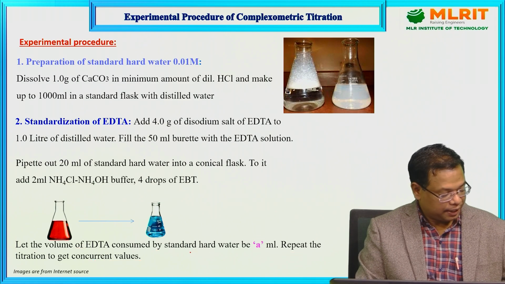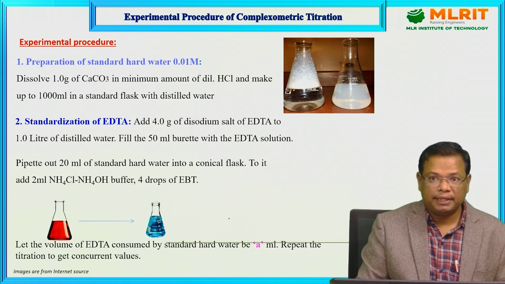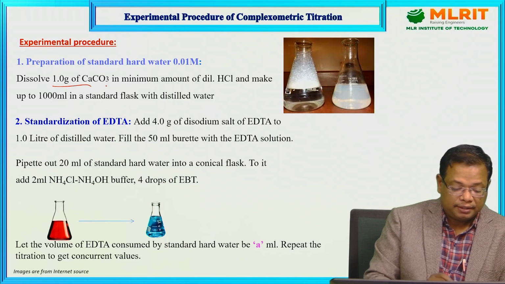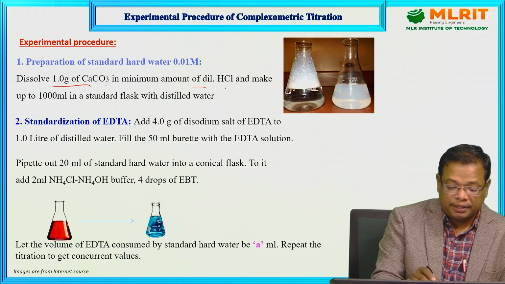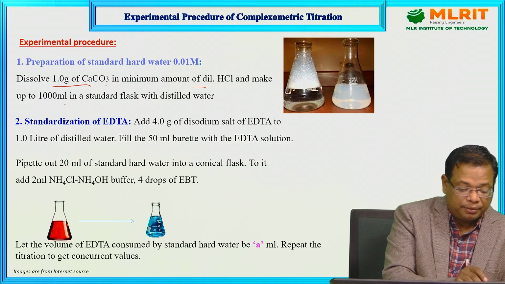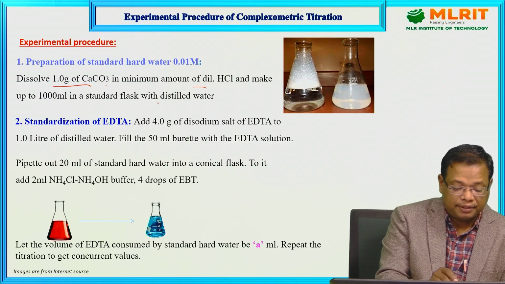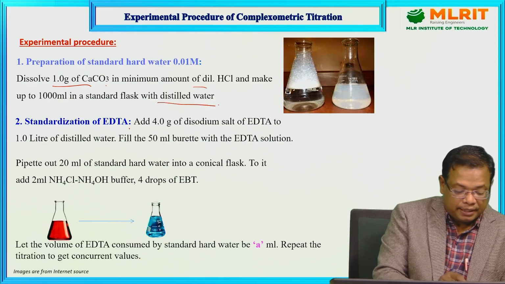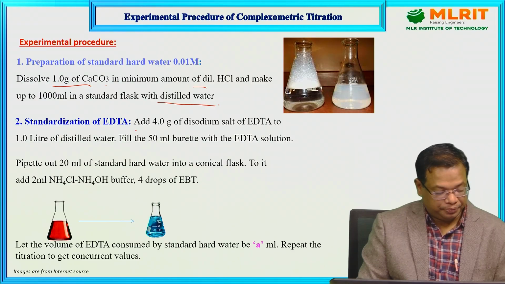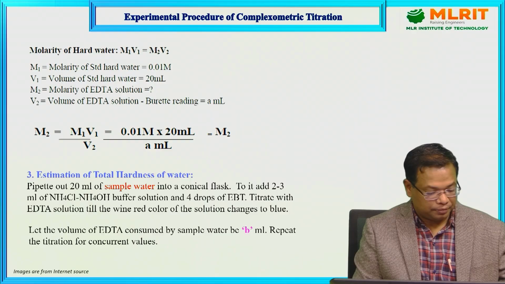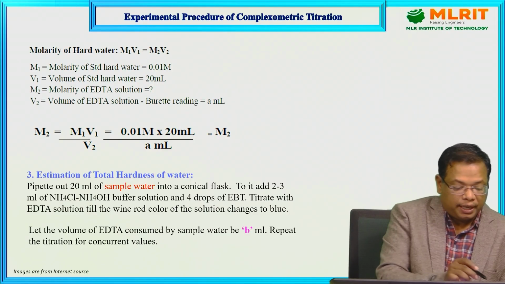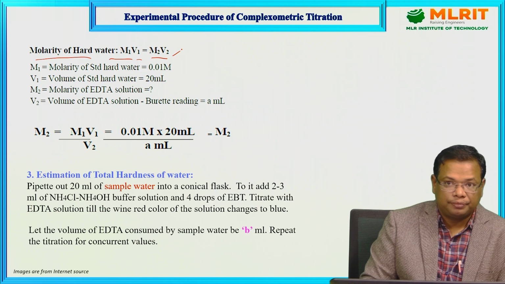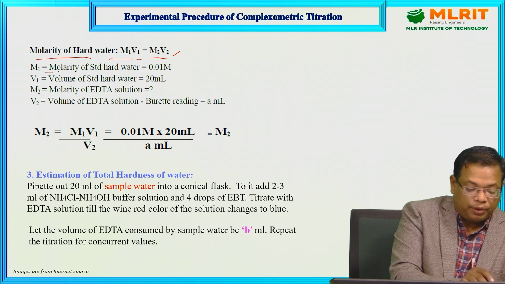So, what actually is going on? We make the standard hard water with 1 gram of CaCO3 in a minimum amount of dilute HCl and make up to 1000 ml in a standard flask with distilled water. Then standardization of the EDTA solution. The molarity of the hard water: M1V1 is equal to M2V2. M1 is the molarity of the standard hard water.